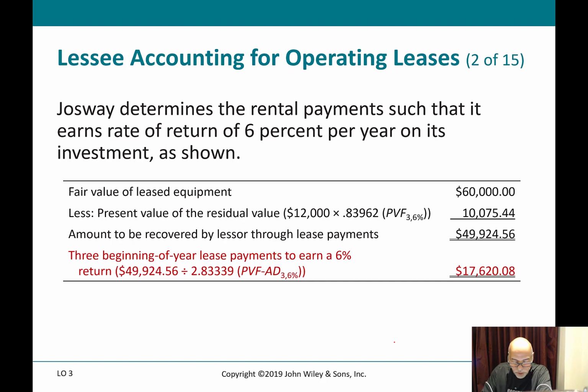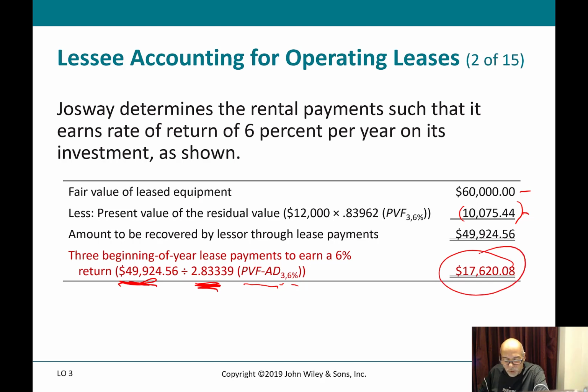So you take a look, and the fair value of the property is 60,000, and we're going to take off the present value of that residual value, because we're not buying that. That's going to go back to the lessor at the end. So really, we're paying for just the present value of the fair value after you consider that residual value. You'd divide that by the present value of the annuity factor, 3 years at 6%.